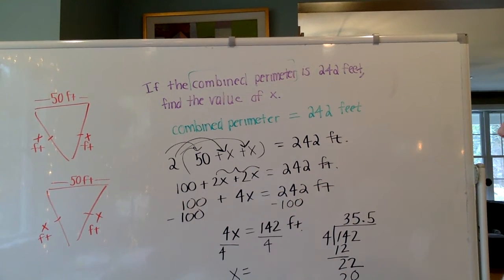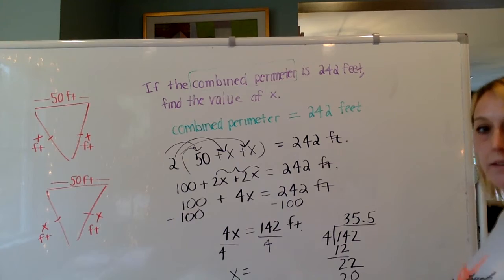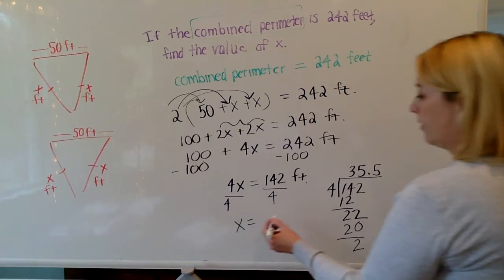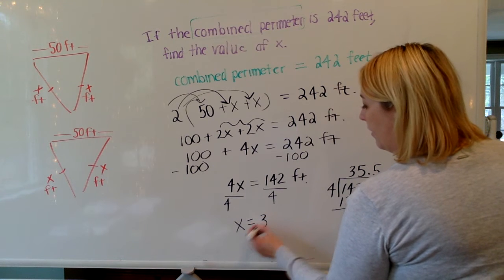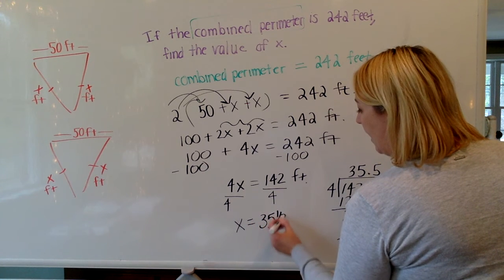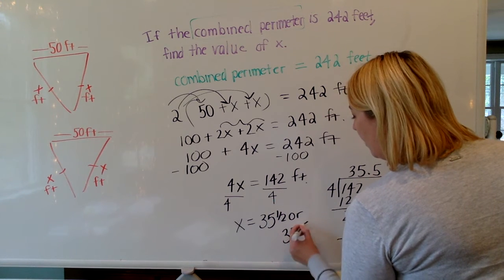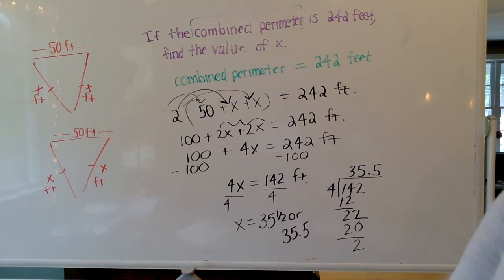So I know I did this correctly. x is equal to 35 and a half, or 35.5.